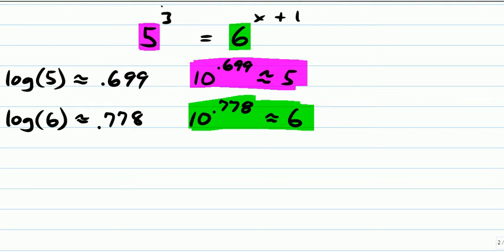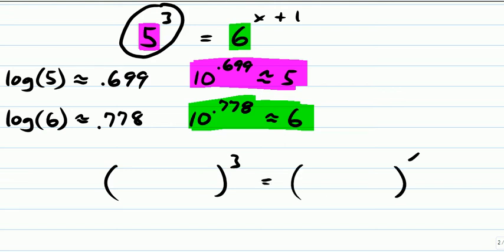So instead of 5 to the third, we'll still have something to the third, and we'll still have something to the x plus 1. So instead of 5, we have 10 to the 0.699. Instead of 6, we have 10 to the 0.778.